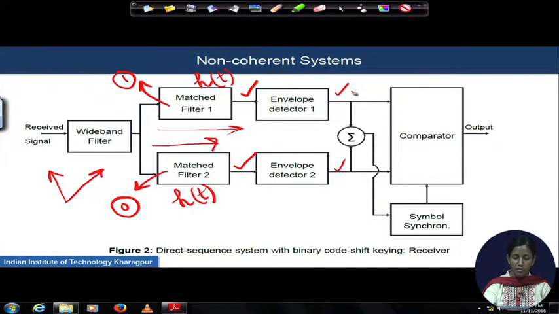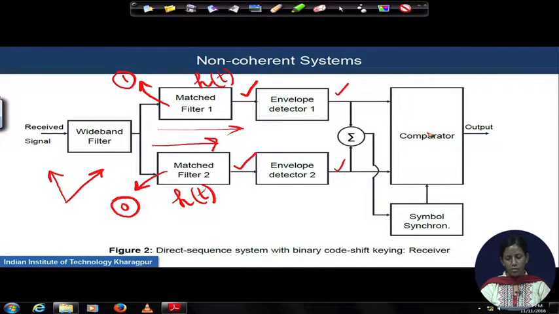So, the summation of both envelope detectors gives me the output, and this will also trigger the symbol synchronization, and the comparator network will be comparing both of them, with synchronization coming into picture with the upper and lower envelope detector signals.